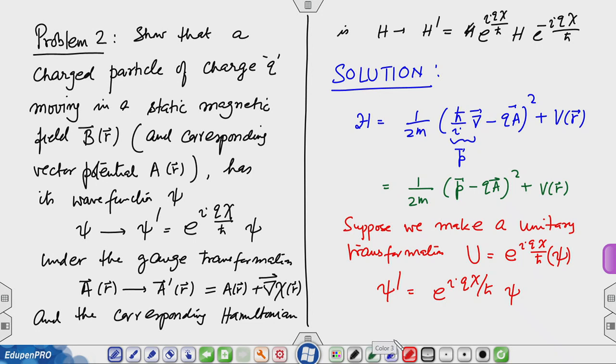Then any operator would go to O prime, which is e raised to i q chi over h cross O e raised to minus i q chi over h cross. Right. So, any unitary transformation changes that operator to the new operator, which is like this.